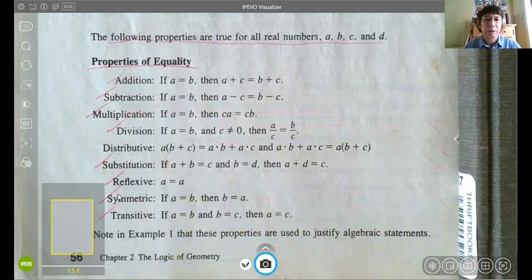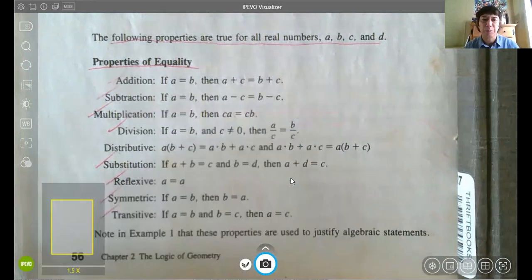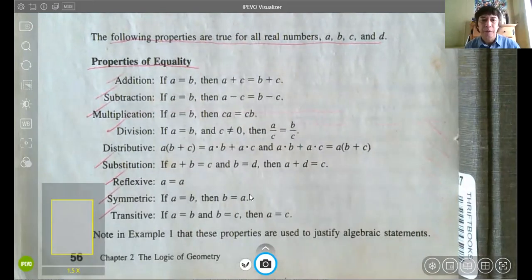Then we go to the next one, symmetric property. If A equals B, then B equals A. So you can shift left to right to left. Yeah, that's a symmetric property. So be able to differentiate substitution from symmetric.